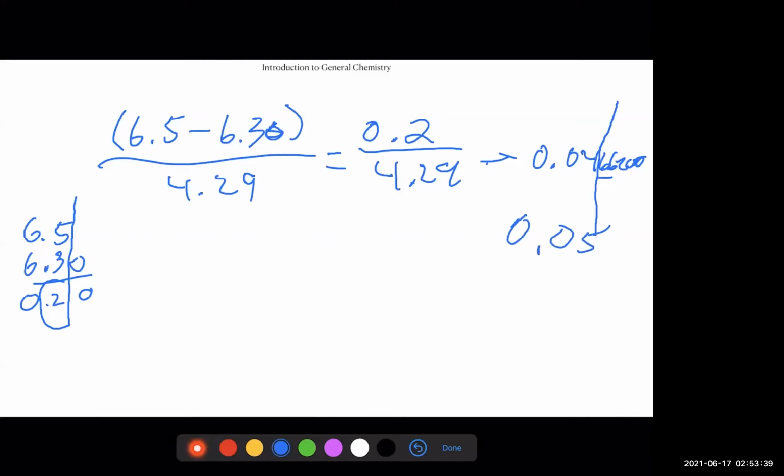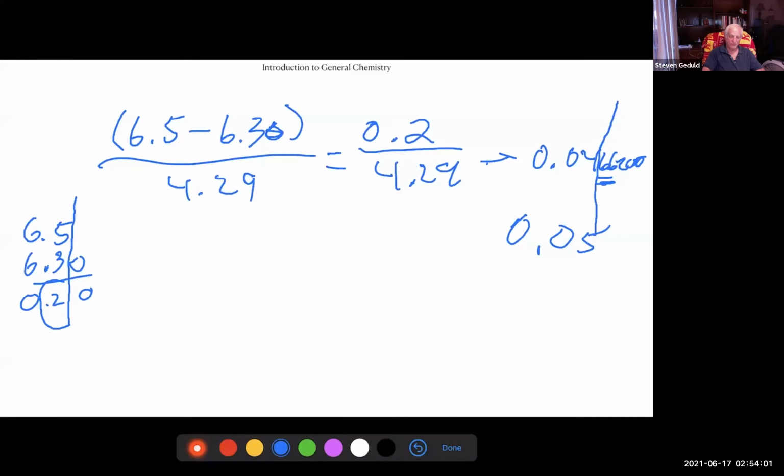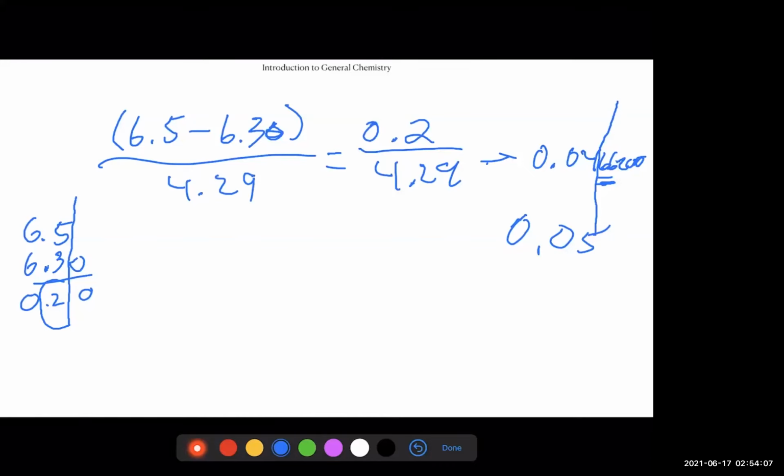Oh, okay. Yeah, I forgot to round it. Remember, if this is 5 or greater, it makes that number round up. If it's less than 5, the number stays the same. That make sense? Yes. Perfect.